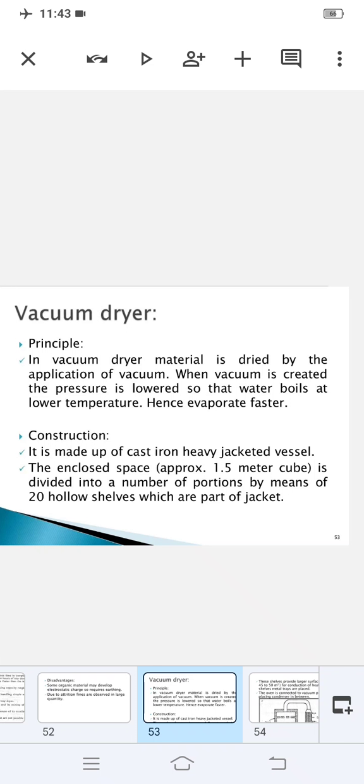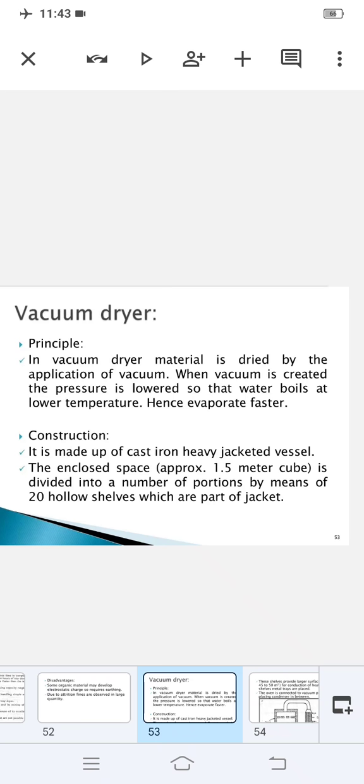When the vacuum is created, the pressure decreases, so that the water boils at a lower temperature. And if the water is boiling at a lower temperature, the evaporation rate becomes faster as compared to when the water boils at its normal temperature. So the heat transfer is very efficient in this, and the rate of drying also enhances substantially.